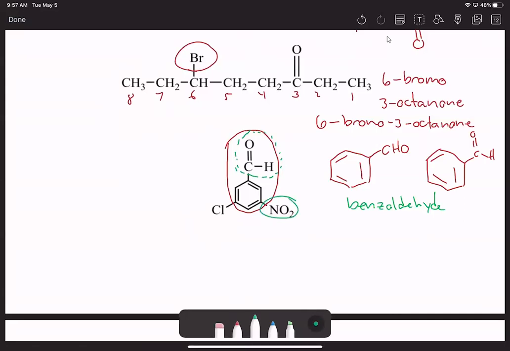We talked about NO2, which is nitro. This is our halogen, which is chloro. Carbon number 1 is where the functional group is at. Let's see, chloro comes first before nitro.